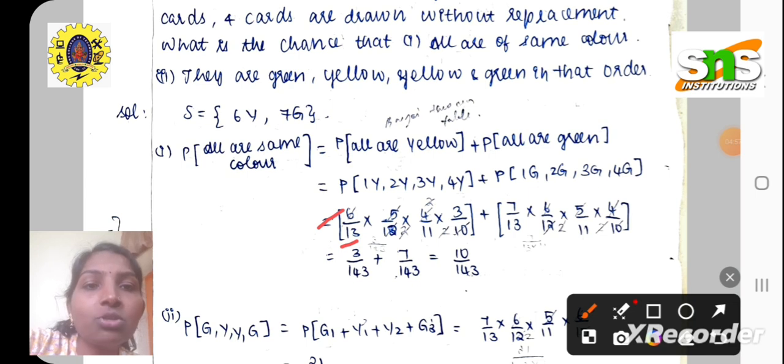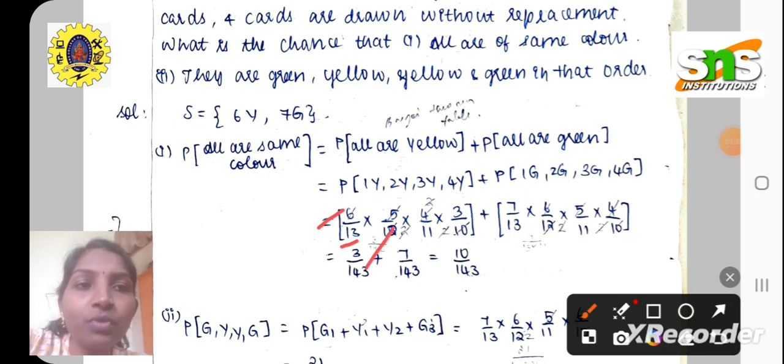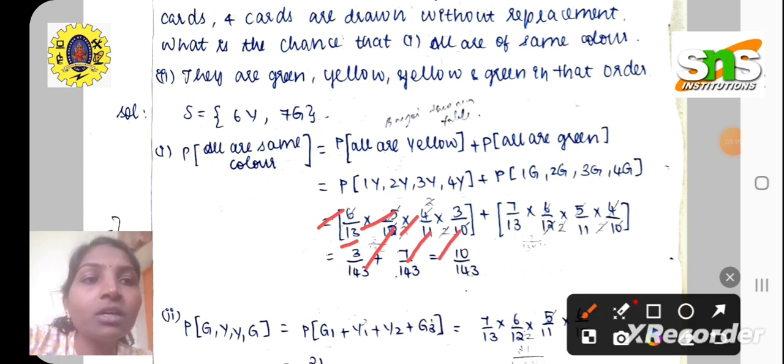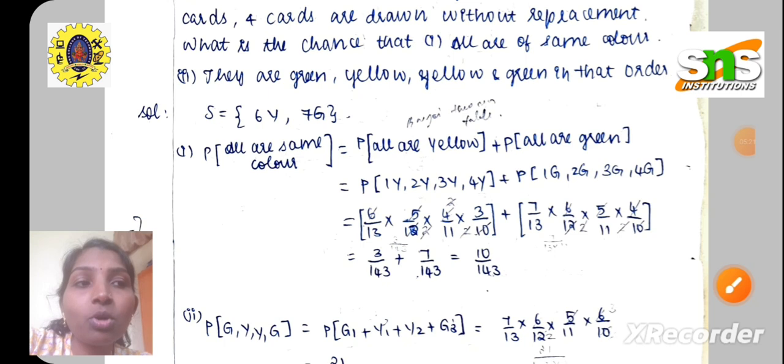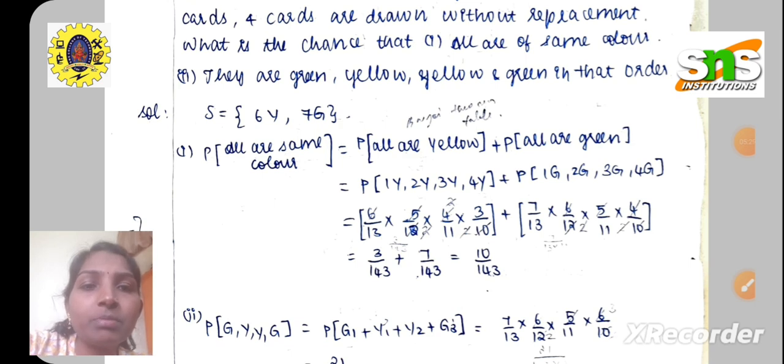In a similar way, out of 12 cards we draw a yellow card, which will be 5 in count, then out of 11 cards we draw 4, and out of 10 cards, the remaining yellow cards are 3. This is how we write the probability of drawing yellow cards from a bag. Since it is given as without replacement, once a card is drawn, it will not be replaced inside the bag.